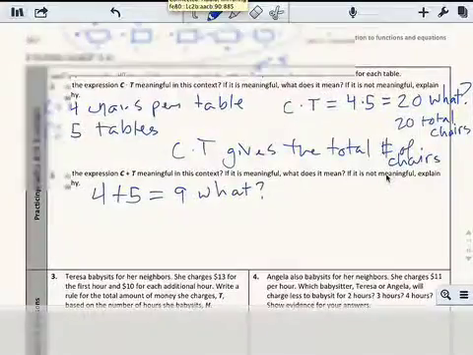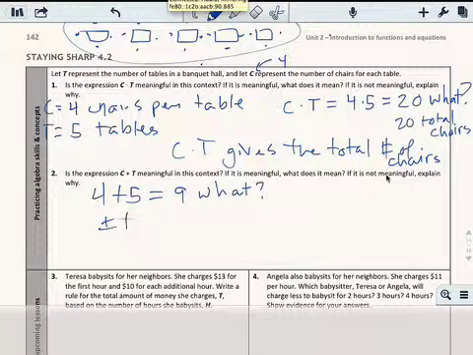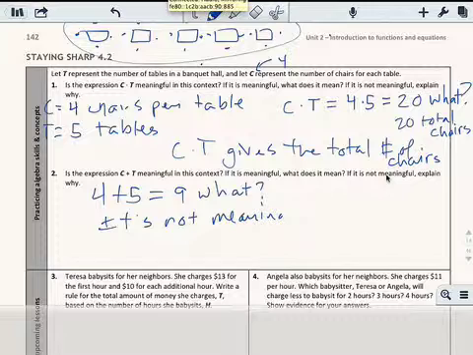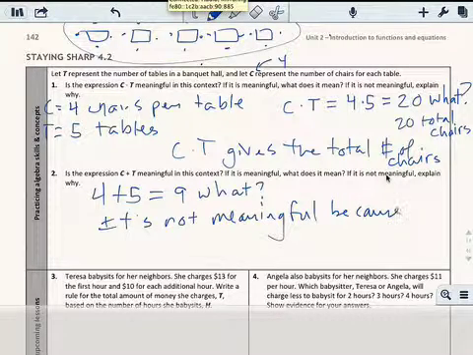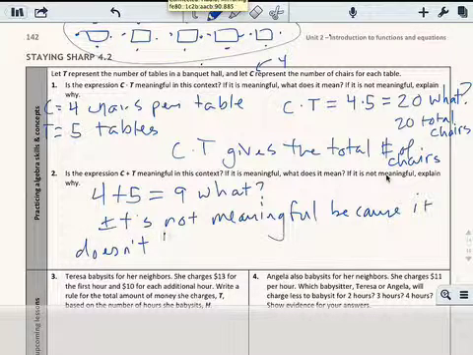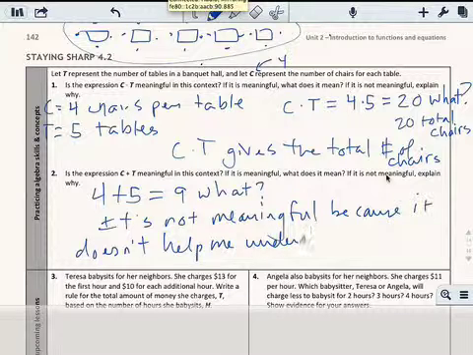And so I'm going to say that it's not meaningful because it doesn't help me understand my diagram.